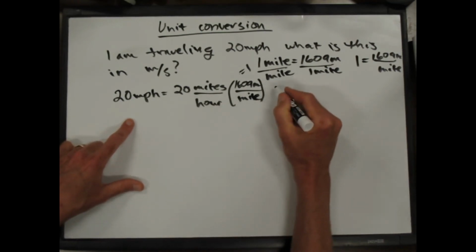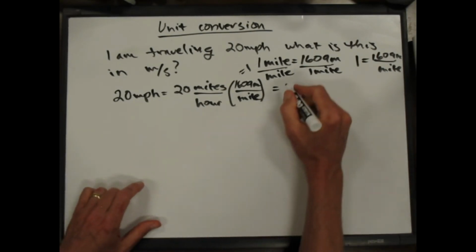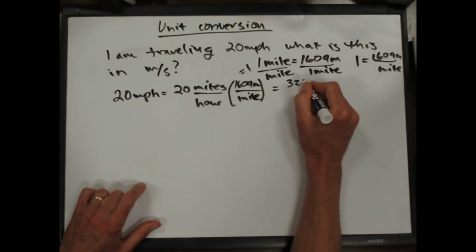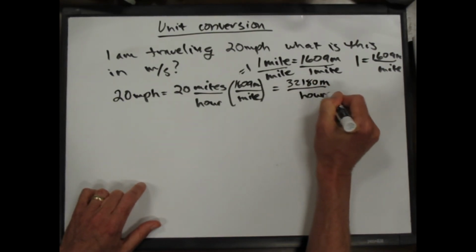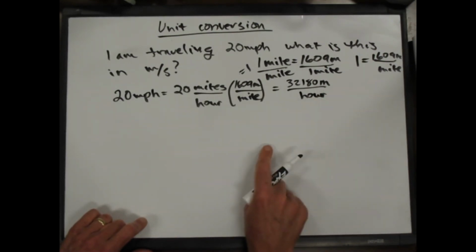If I multiply that out, this gives me 32,180 meters per hour.